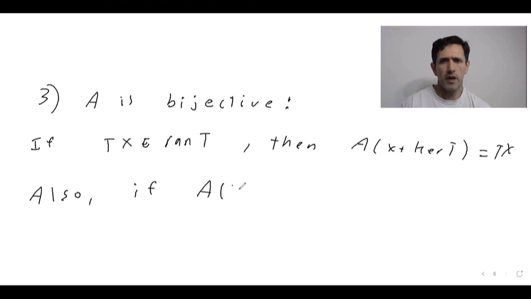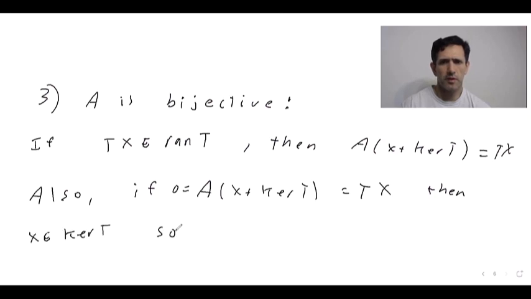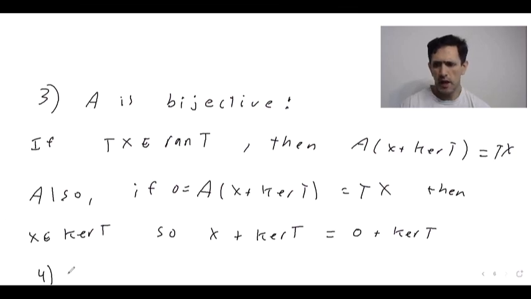So if A of x plus the kernel of T is 0, well, that means x is in the kernel. So then x plus kernel T is the 0 element in the quotient space. So that proves bijectivity. And again, the fact that A is bounded is homework.